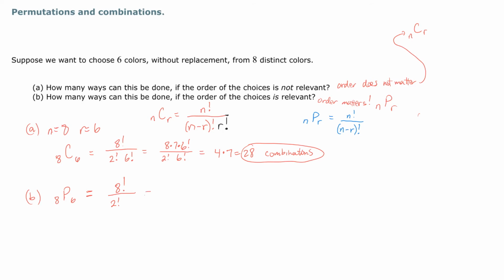And 8 factorial over 2 factorial is 8 times 7 times 6 times 5 times 4 times 3 times 2 factorial. So you can see that there's going to be a lot more permutations because the order matters. So go ahead and reduce the factorials and then do this computation on your calculator. We get 20,160 permutations.